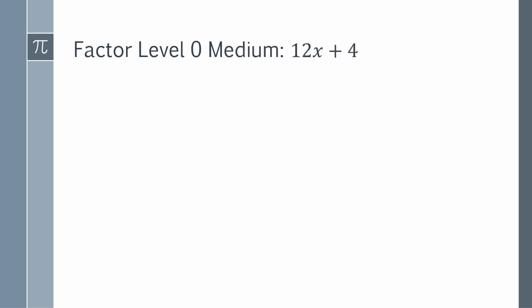All right, so now let's get to a little medium one. So this time we have to pull out the greatest common factor again. We know that 4 is going to be the GCF for both of them because 4 times 3 is 12 and 4 times 1 is 4. So when we factor, it's going to be 4. That's why I'm taking it out. That's the GCF.